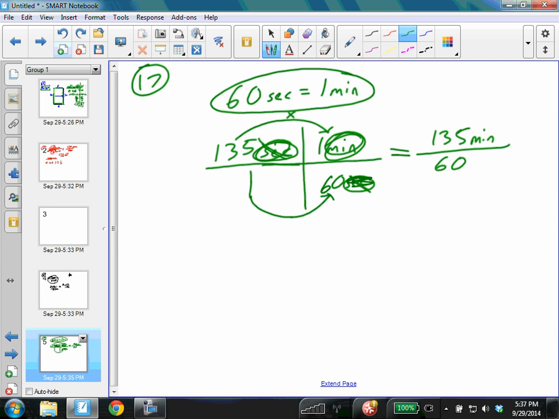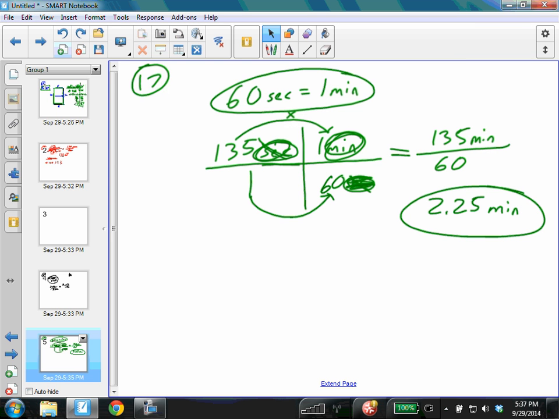And there's no unit anymore because these seconds went away. And so now this is just a simple division problem. So I'm going to do 135 divided by 60. Enter. And what I get is 2.25 minutes. So that's our final answer, just the 2.25 minutes. Okay, let's go to number 18.